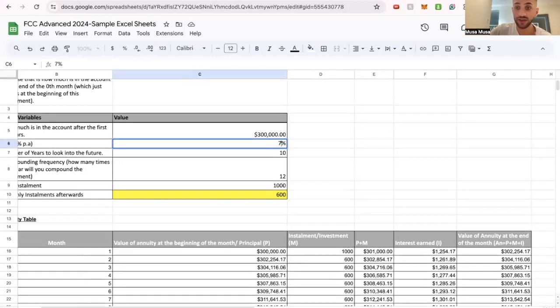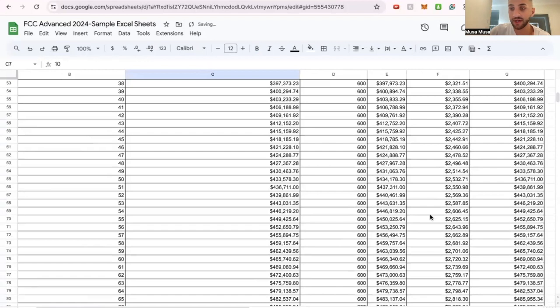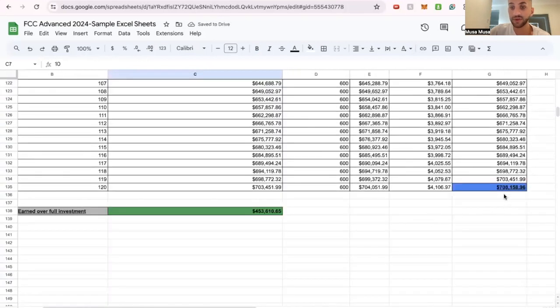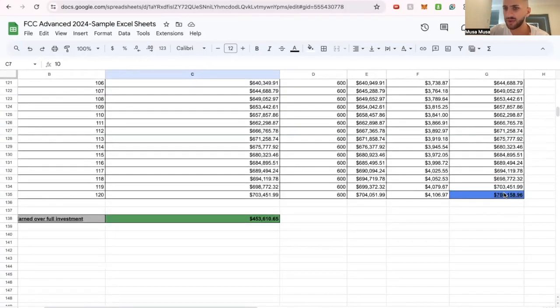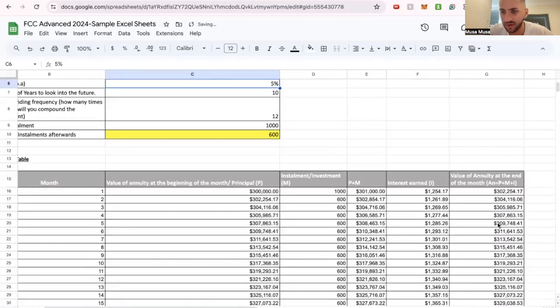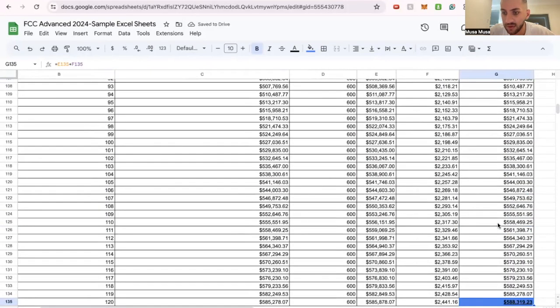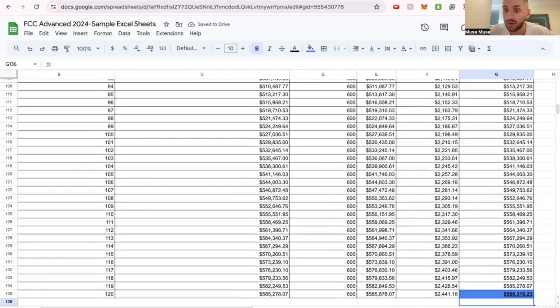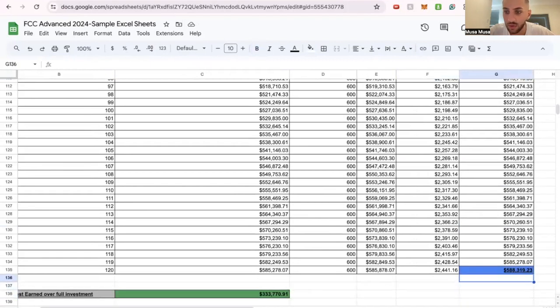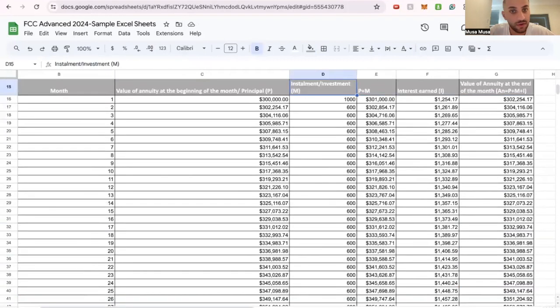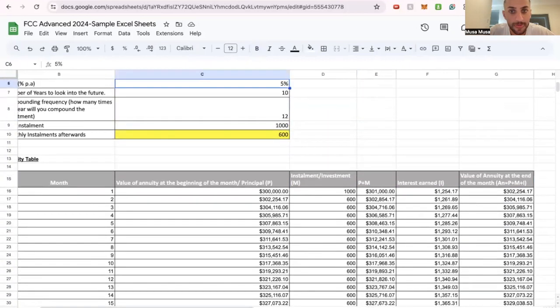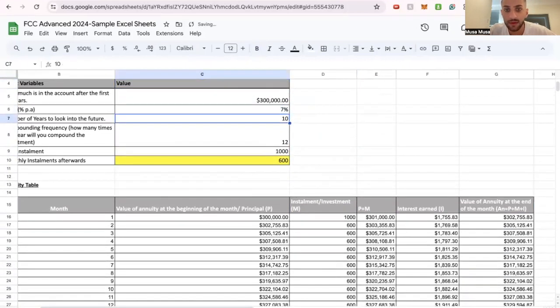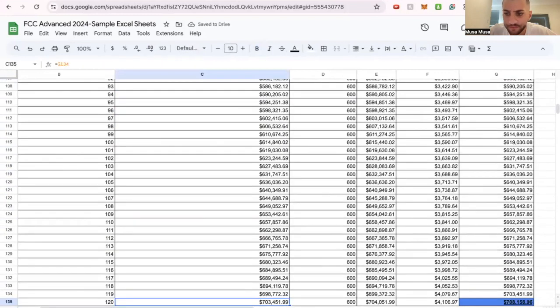So if I change this to 7%, look at how much higher my number is now. 708 as opposed to, I think, 588. Damn, that's a lot of an increase.